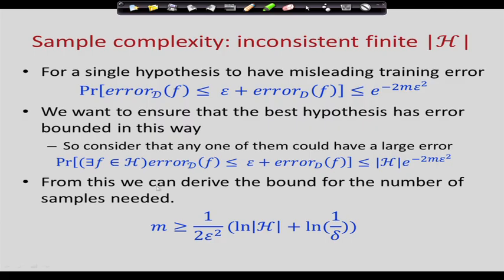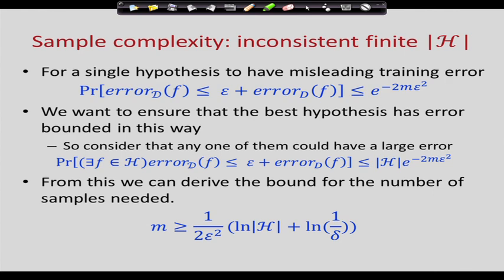And from this we can derive the bound by algebraic manipulation, that in order to ensure this, the number of examples required must be greater than or equal to 1 by 2 epsilon square times logarithm h plus logarithm 1 by delta.